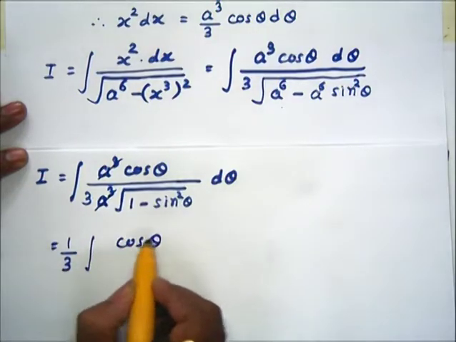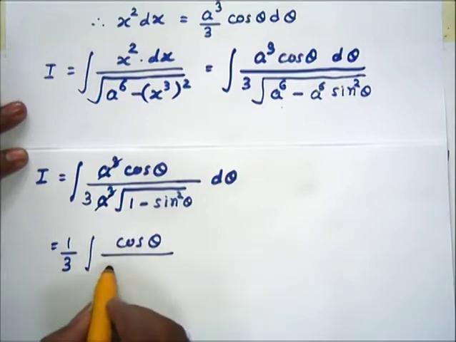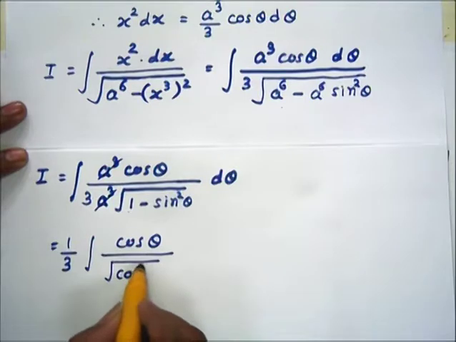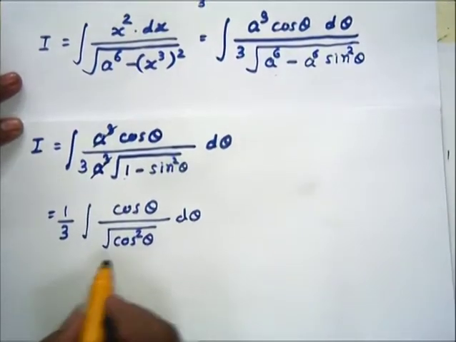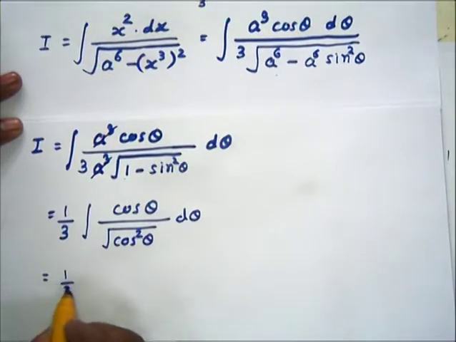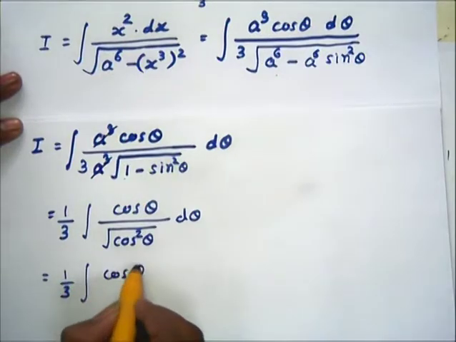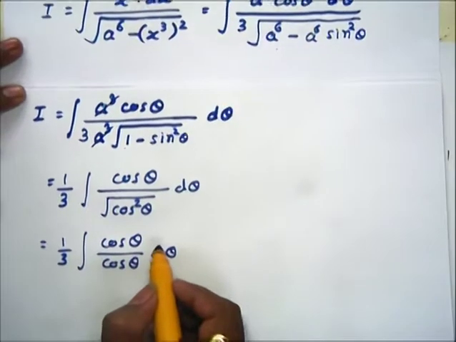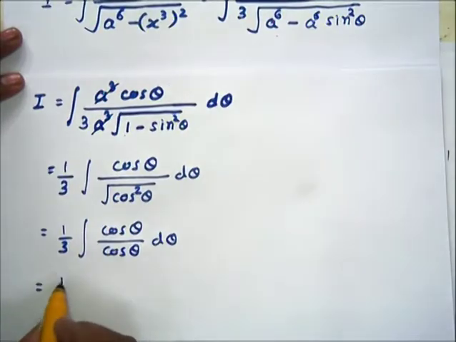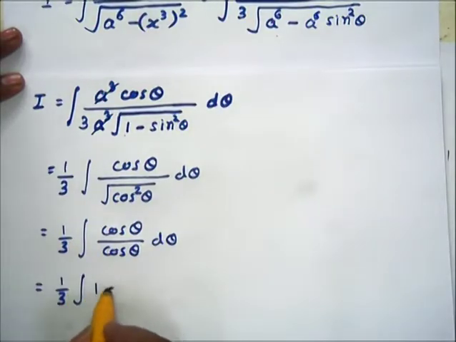Integration cos theta upon 1 minus sine square theta is nothing but cos square theta d theta. Now 1 by 3 cos theta upon cos theta d theta. So this is equal to 1 by 3 integration 1 d theta, and so 1 by 3 into theta plus c.